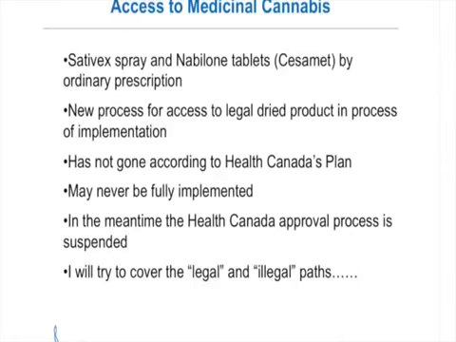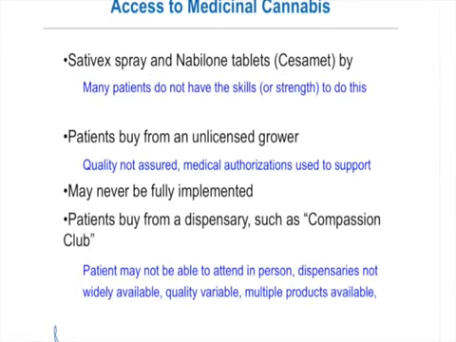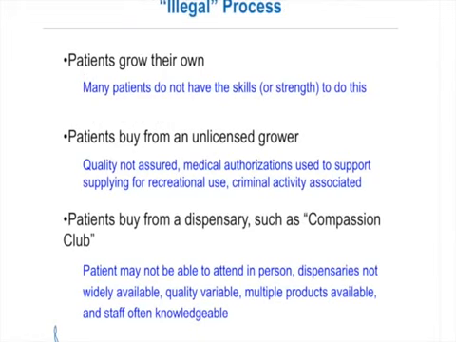Because it's a bit of a mishmash of procedural uncertainty, I'm going to try and cover the legal and the illegal parts so that everybody's comfortable with what their options might be at this time.